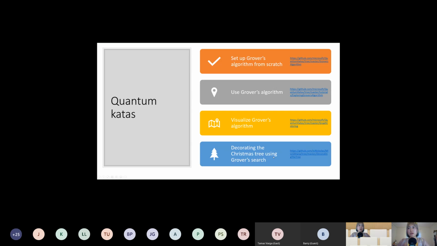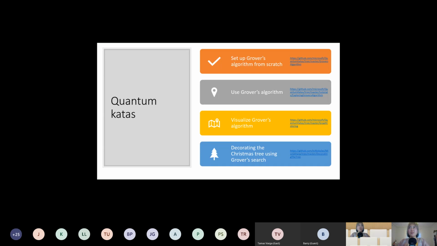This one is a fun write-up by my colleagues on decorating Christmas trees. You have a rule of how many ornaments you want to put on each layer of the tree, and you need an efficient algorithm to automatically select where to put what.